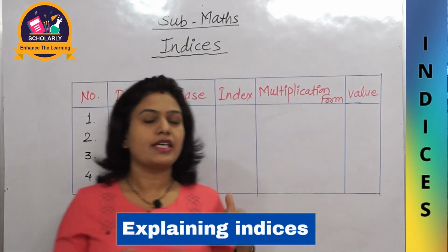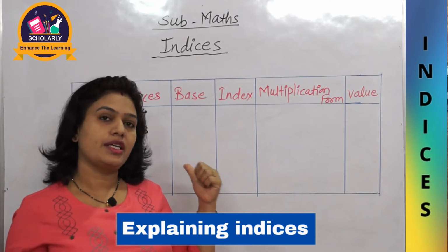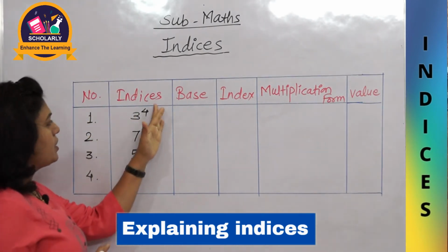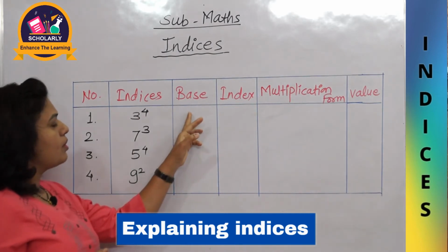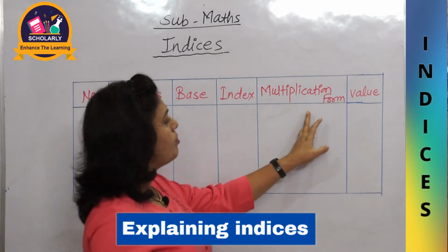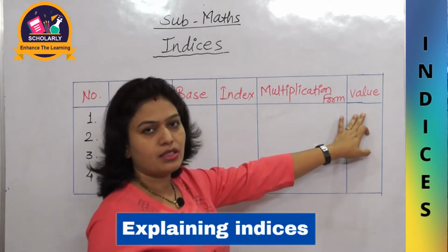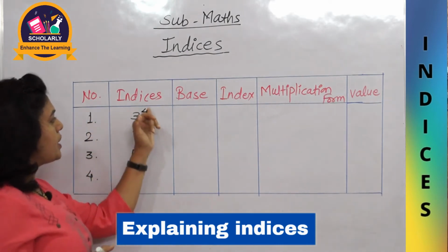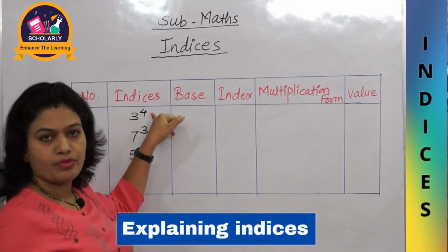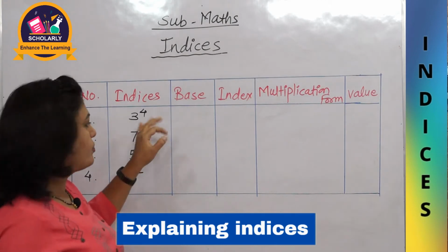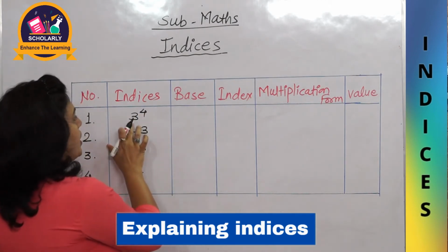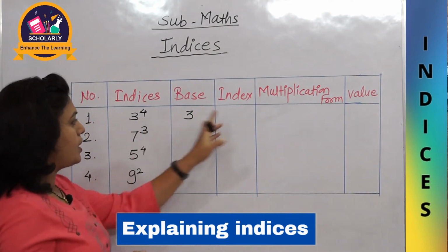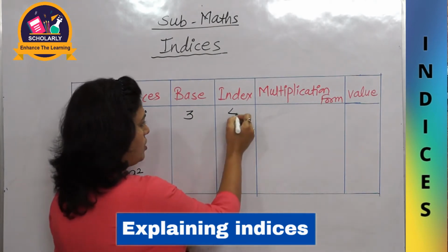So friends, here is a chart to understand indices well. There are some columns. Here the indices are written: base, index, multiplication form and the value, that is the final answer. So the first example is 3 raised to 4, or the fourth power of 3. In this number the base is 3, index is 4.